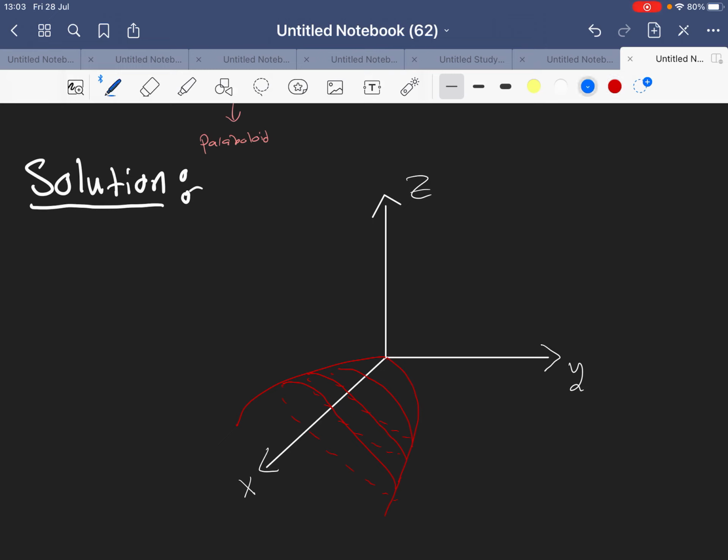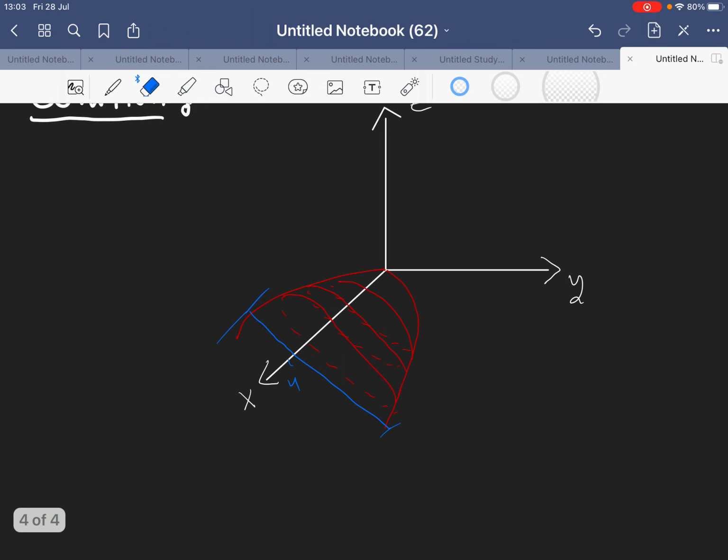And then x equals 4 will be the plane that cuts this in this direction. So it will be a paraboloid, but it has a cover, and the cover is at x equals 4. This is just a sketch. We can use GeoGebra to have a better visualization of this region.